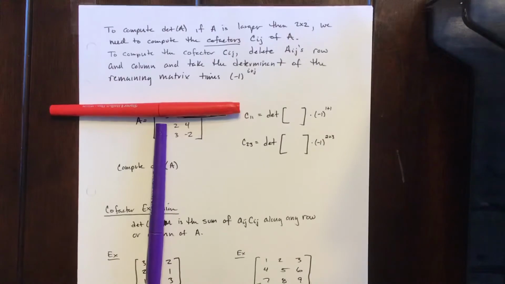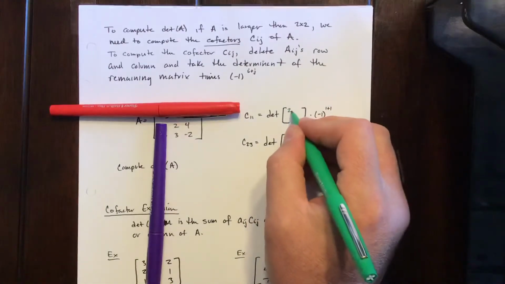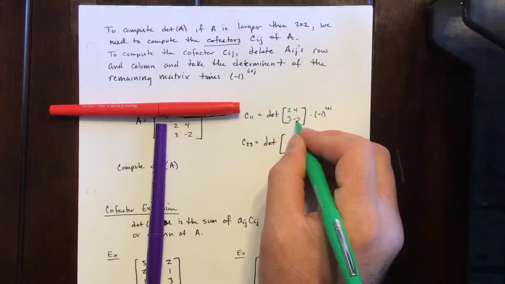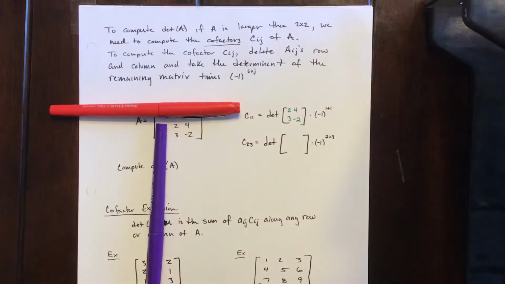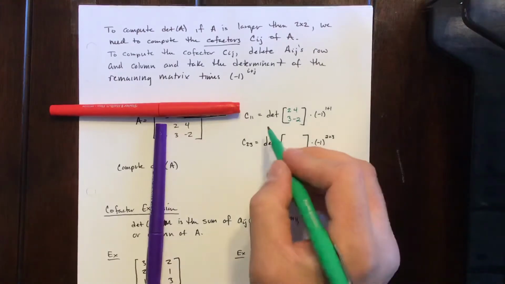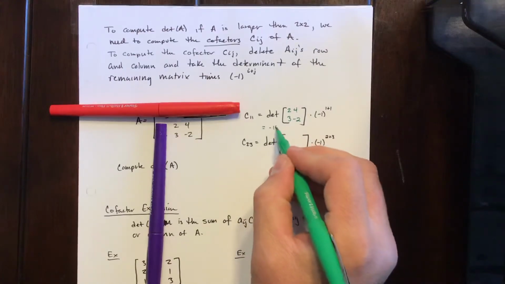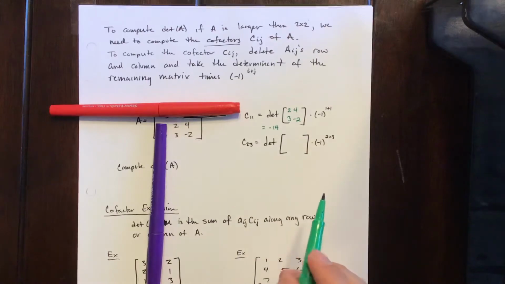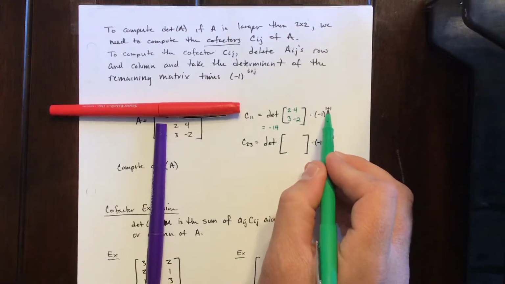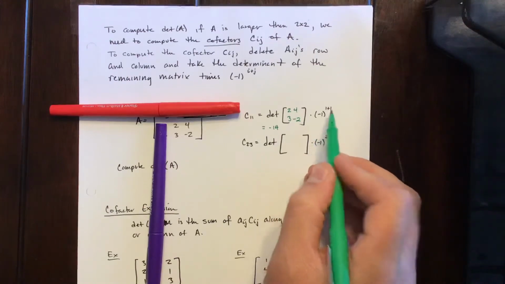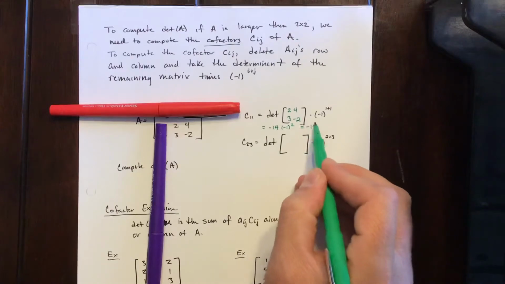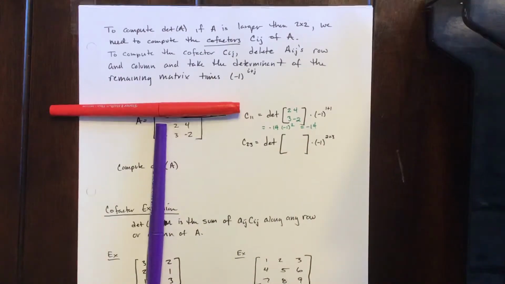You're left with 2, 4, 3, and negative 2. Okay, take the determinant of that. That's negative 4 minus 12, that's negative 14. And you multiply it by negative 1 to the row 1 plus column 1, so that's negative 1 squared. And so the cofactor is negative 14.